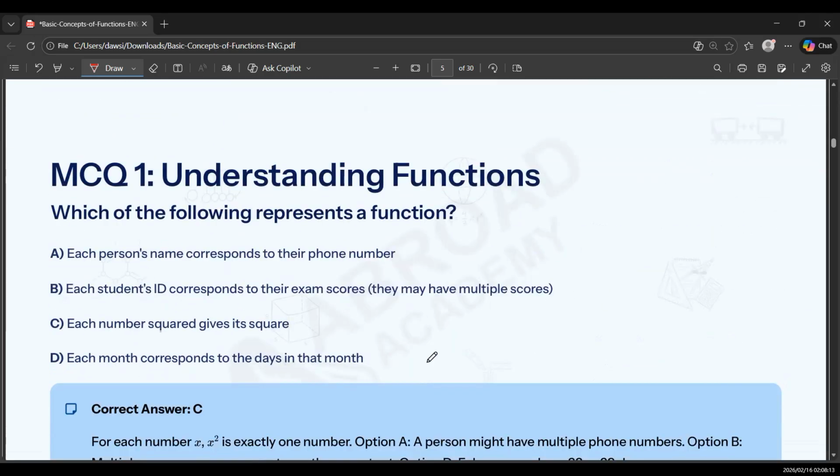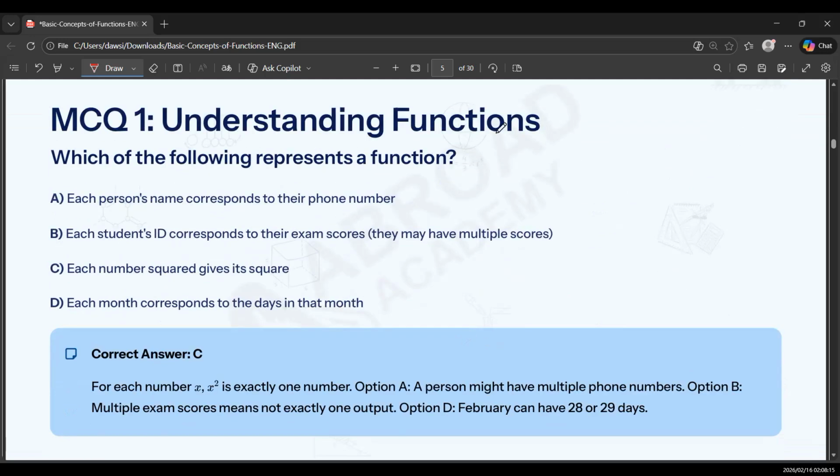Here's an MCQ for you. Understanding functions. Which of the following represents a function? First one is A: each person's name corresponds to their phone number. It can't be a function. And here's B: each student's ID corresponds to their exam scores.